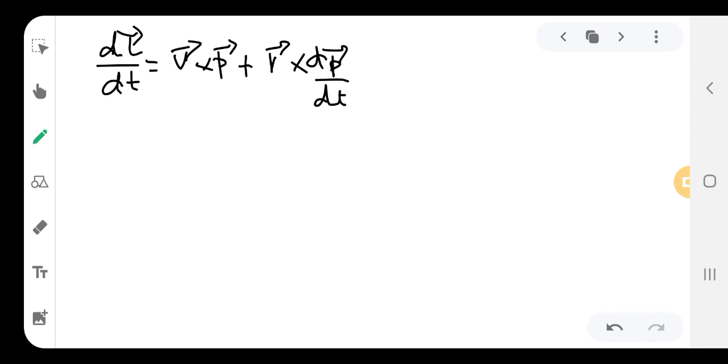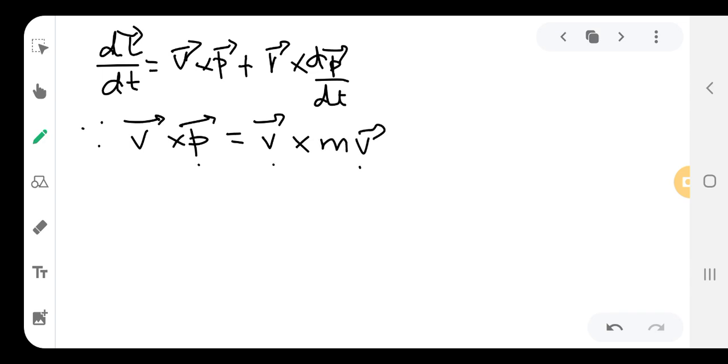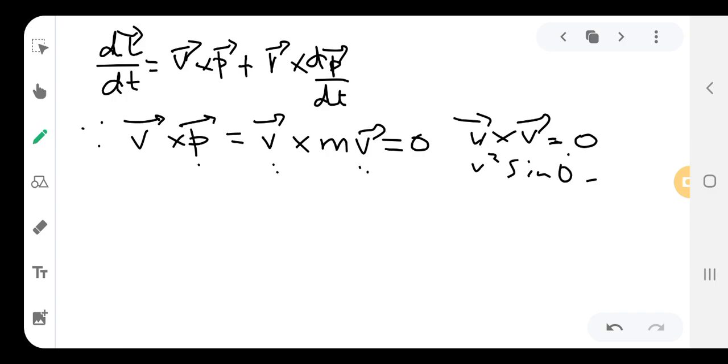Okay, so we know that dr by dt is v, right? Since v cross p is v cross the linear momentum m into v, these are two similar vectors, right? So that will be equal to 0, because in v cross v the angle is 0, therefore its product will be 0, since v square sine 0 is 0.